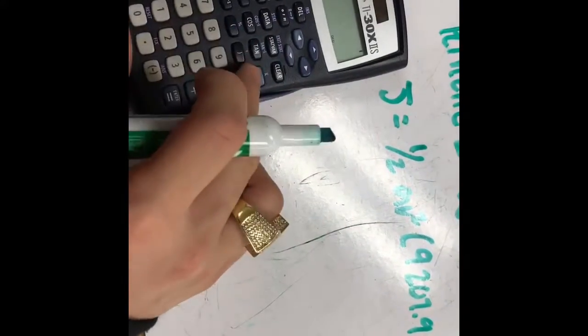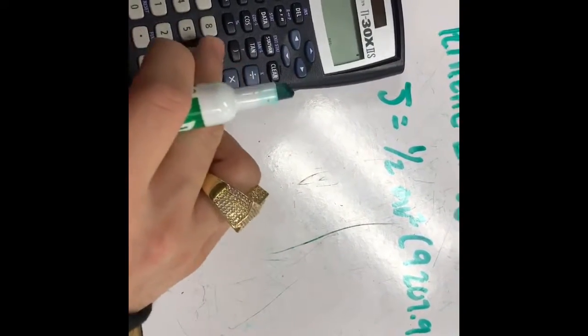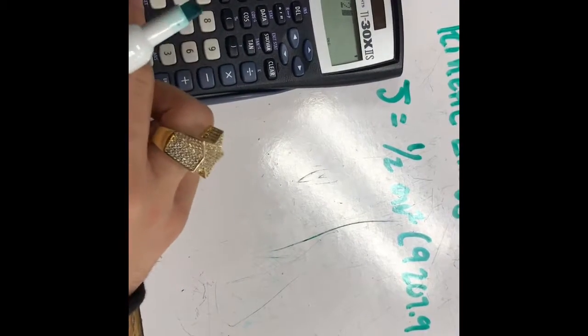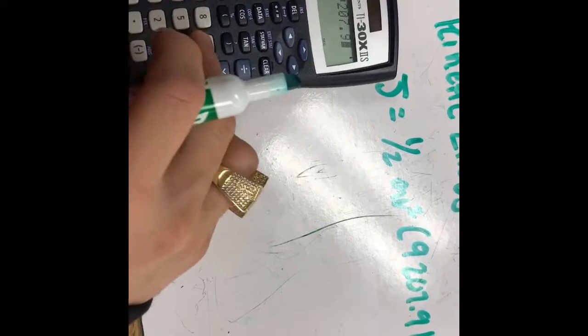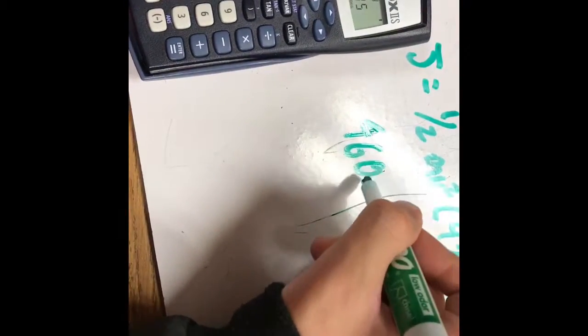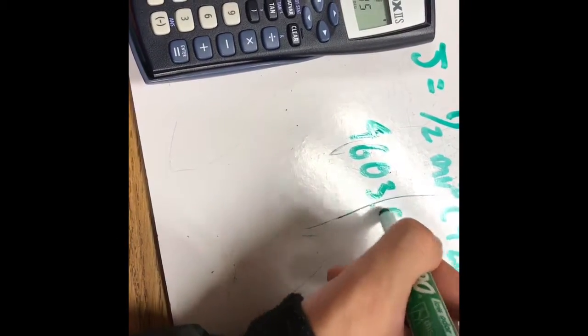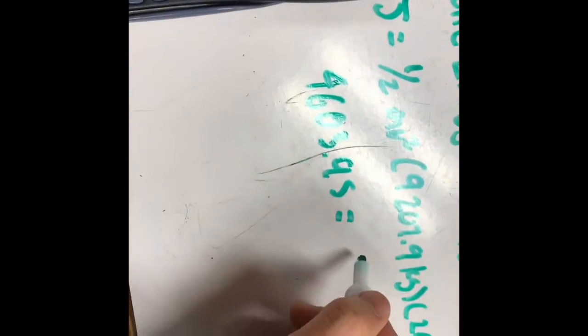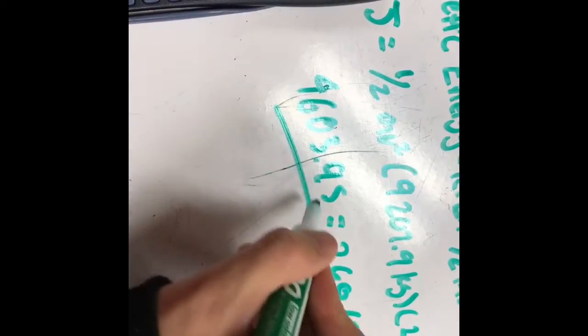Now what I'm going to do on the calculator is put 1.5 times 9,207.9, and then I'm going to get 4,046,003.95.